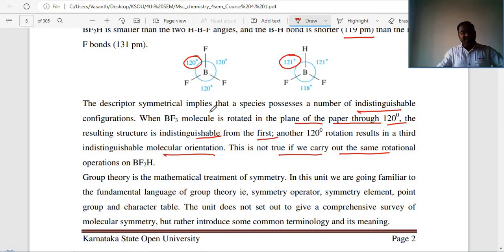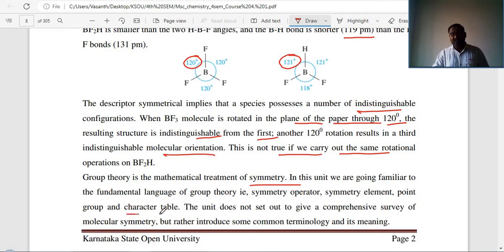Group theory is a mathematical treatment of symmetry. In this unit, we are going to become familiar with the fundamental language of group theory. What is the fundamental language of group theory? The symmetry operator, symmetry element, point group, and character table.